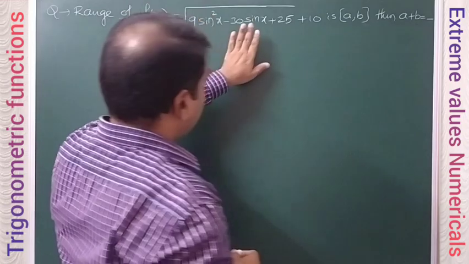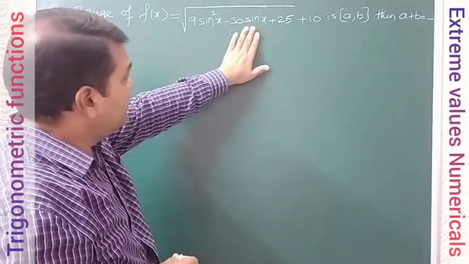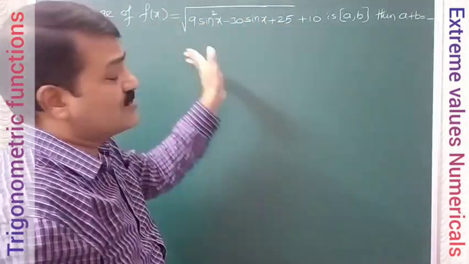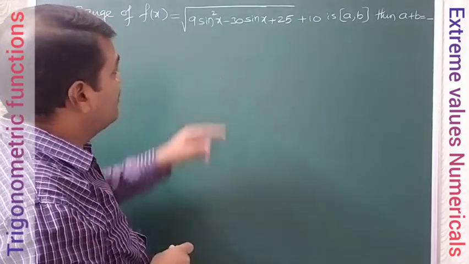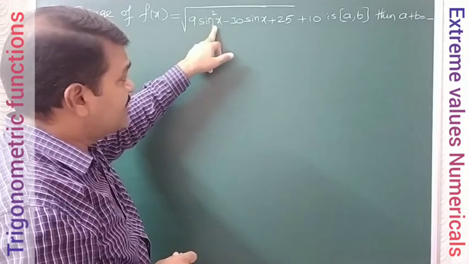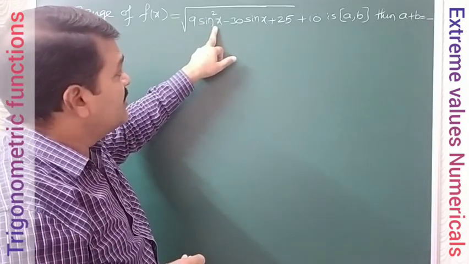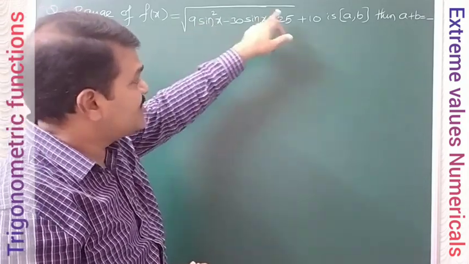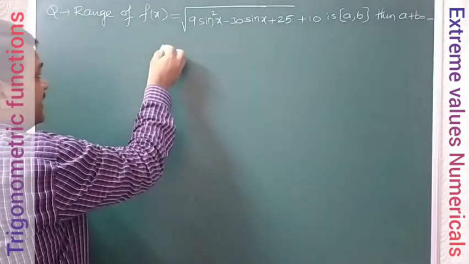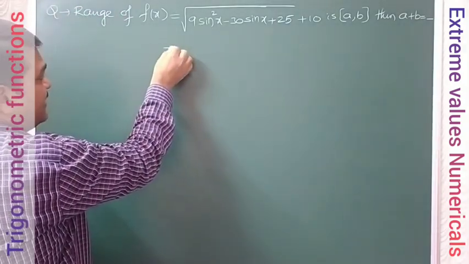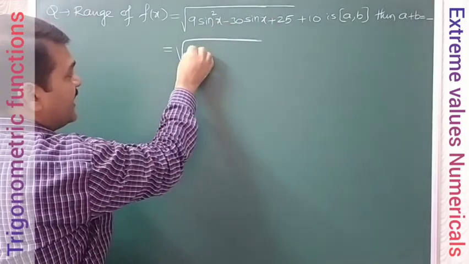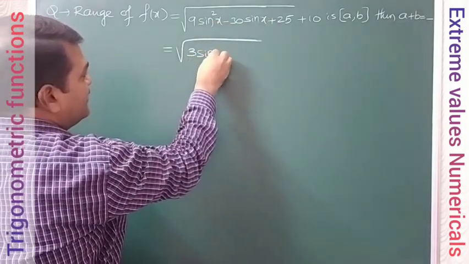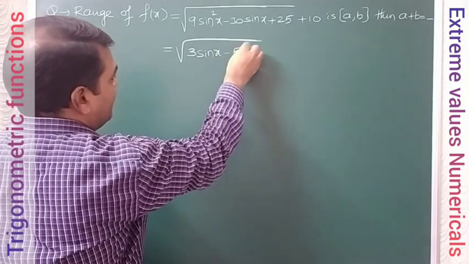So first we will try to simplify this part which is within the square root. You can easily observe that we can write this as 3 sin x whole square minus 30 sin x plus 25, and you can easily see that this value can be taken as 3 sin x minus 5 whole square.